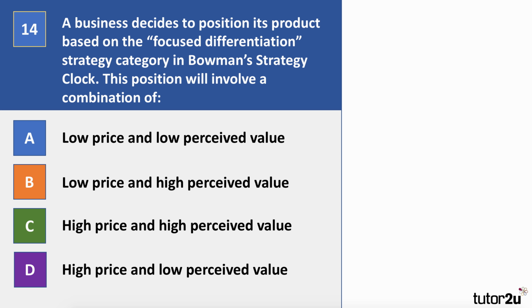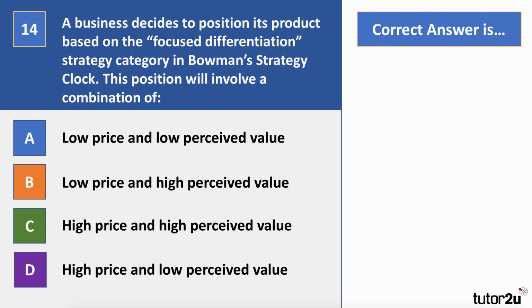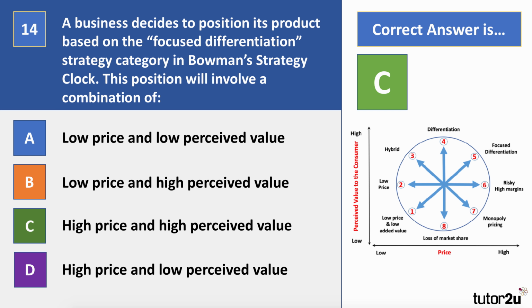And if you remember Bowman's strategy clock, the different positions that are based around the 2 dimensions of perceived value and price, well, focused differentiation is over towards the top right. It's position 5, often adopted by luxury brands where they can hopefully get away with charging a relatively high price as a result of delivering, from the point of view of the consumer, a high perceived value.